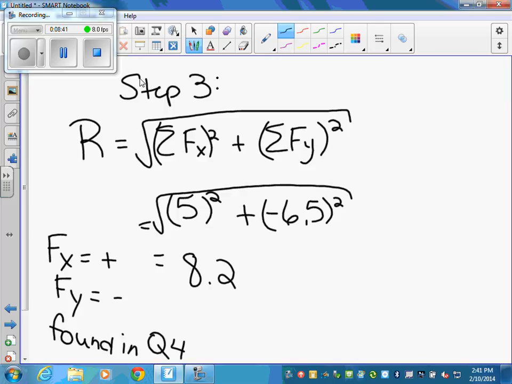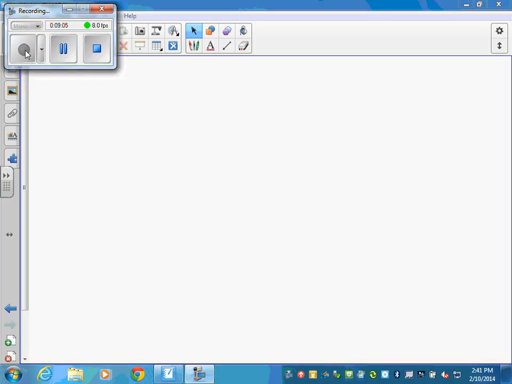Based on those numbers, this here is positive, and this one here is negative. Therefore, we're looking to see which quadrant our answer is going to be found in. It'd be a good idea to remind ourselves how we do that. Found in quadrant 4. I got 8.2. Okay, so now we're on step 4.